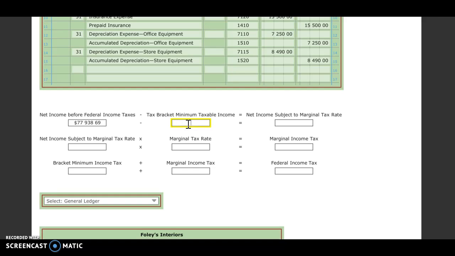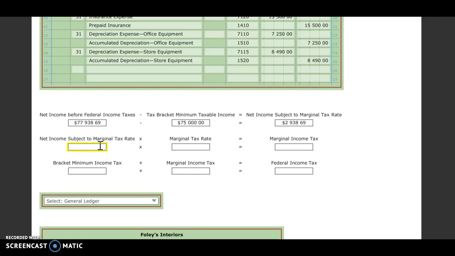So our tax bracket is going to be $75,000. That's the minimum. Okay. So net income subject to the marginal tax rate, we're going to subtract those two. So we should get $2,938.69. So that's saying that this amount can be taxed at that marginal tax rate given in that tax bracket.